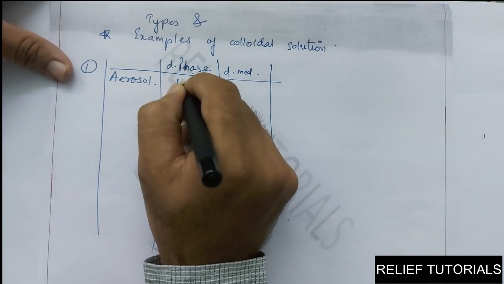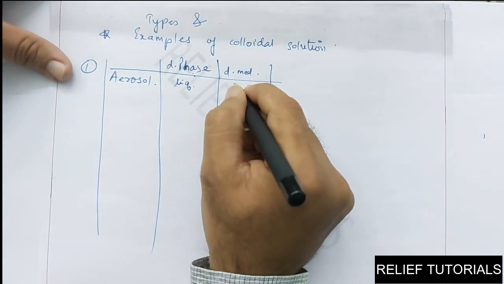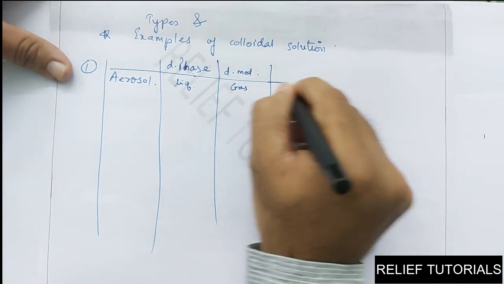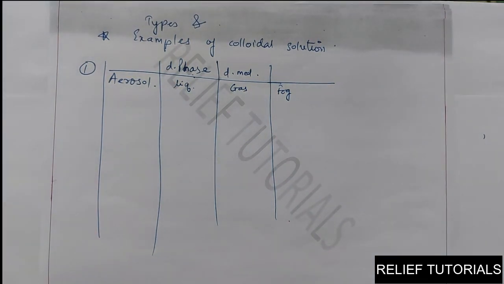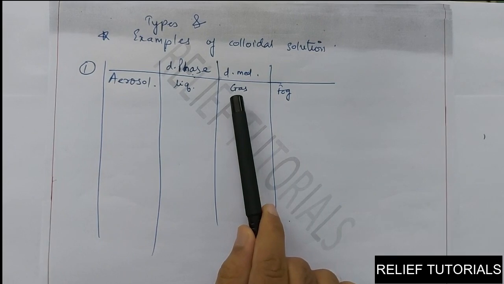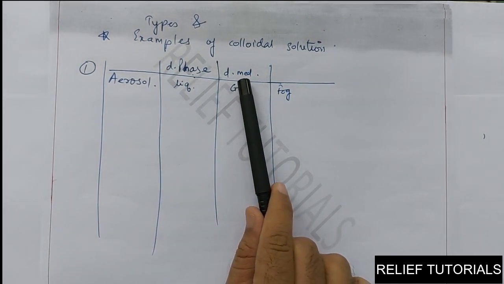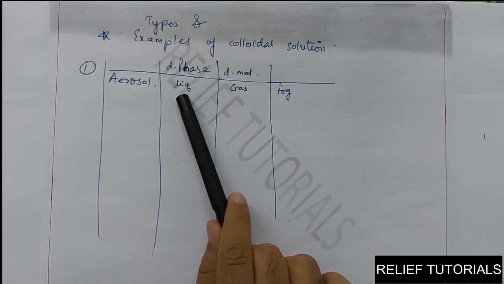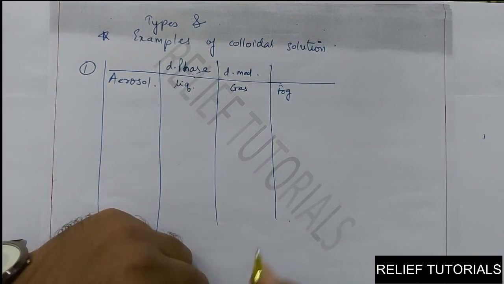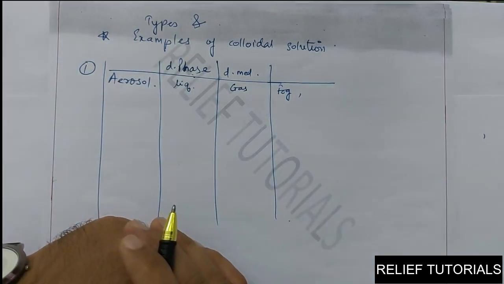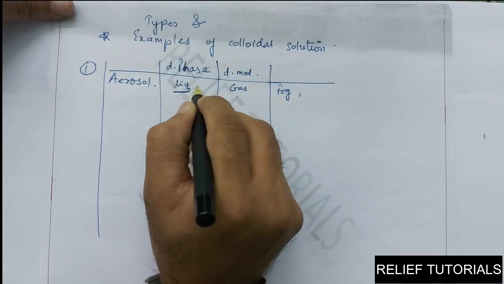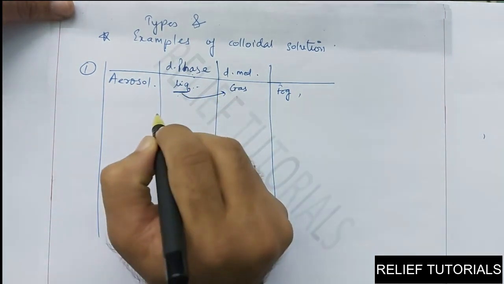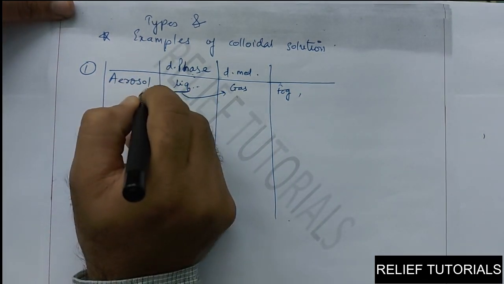So, if any liquid particle mixes with the gas, just like we have taken the example of fog, in which air, the gas, is the dispersion medium, and water droplets, the liquid state, is the solute. So this type of colloidal mixture in which liquid is dispersed in gas is called aerosol.